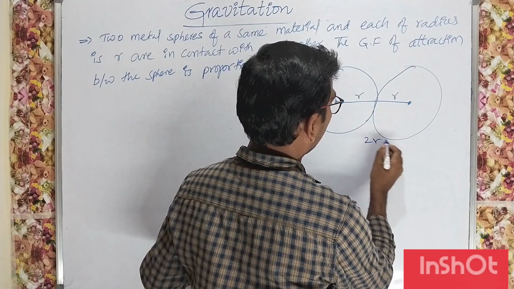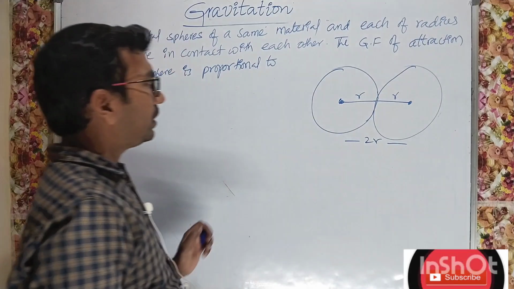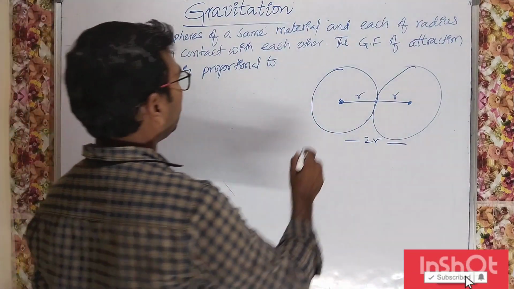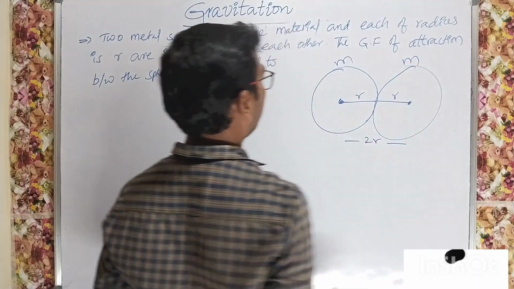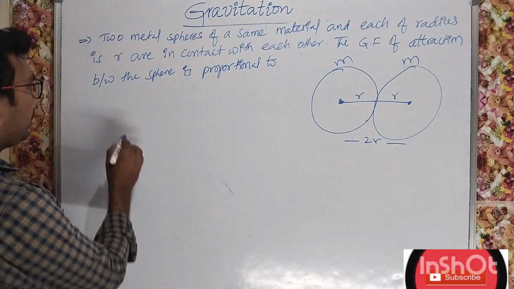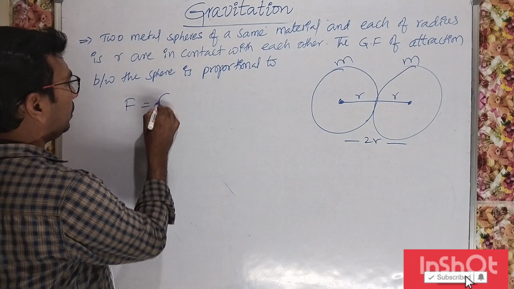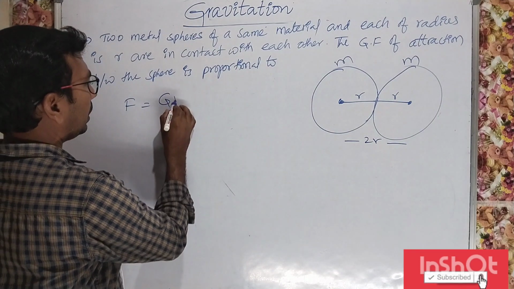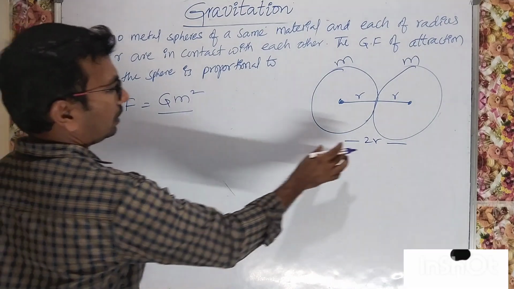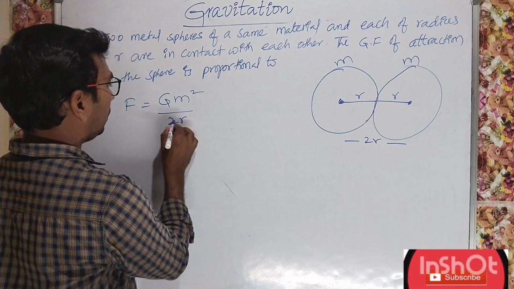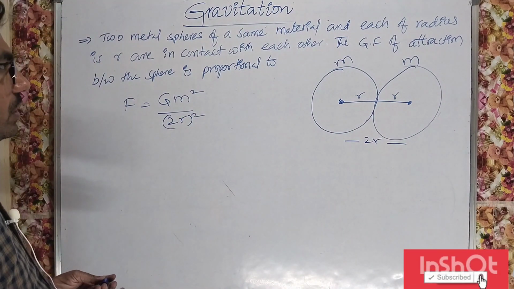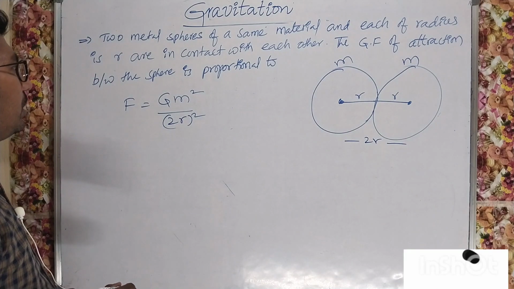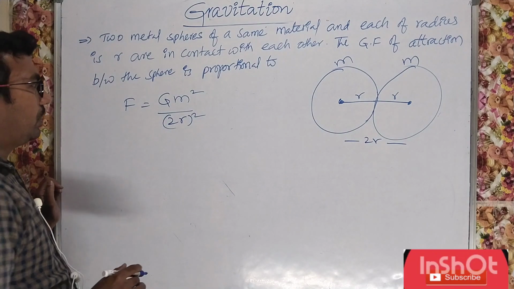What is the gravitational force? Both spheres are the same metal, so this mass is m and this mass is also m. F is equal to G m into m, that is m square, by 2r whole square. The question asks what the force is proportional to.